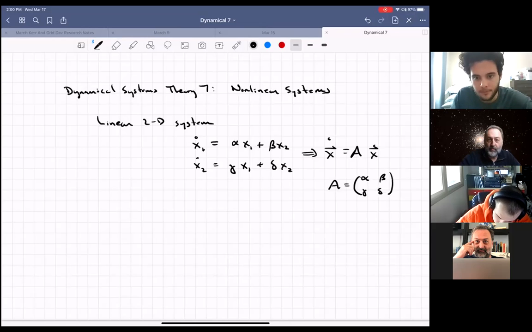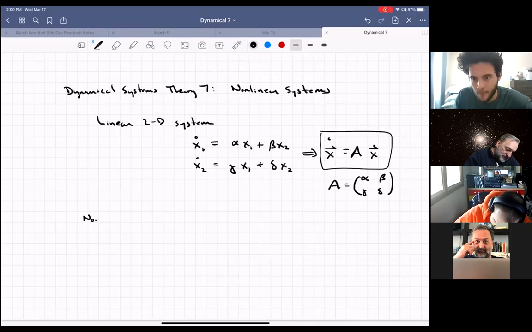So this is what we mean by linear system. A second order linear system only has first powers of x1 and x2 as the two coordinates in the system.